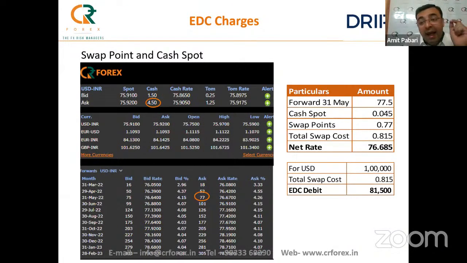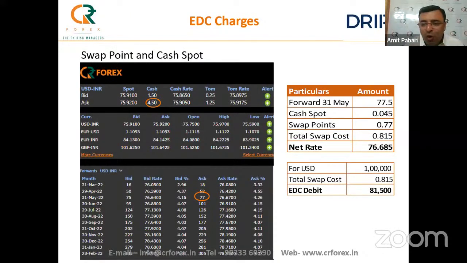And there are many incidents where we gave a letter to the bank saying that the EDC you have charged is too high, please take a reversal. So there is a small request. Every exporter nowadays is early utilizing the forward contract, so they must tell their team that they should check their EDC cost.